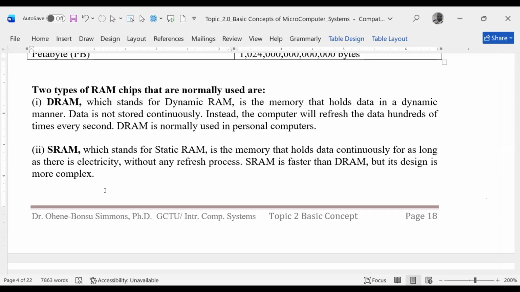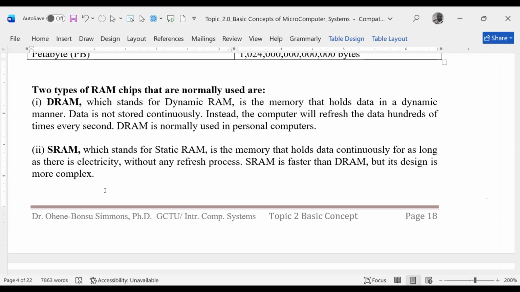If there's no dynamic, then when you press anything on the keyboard, you have to wait until that one is processed, finished, before a new input. But here, you can type a lot of things from the keyboard and perform a lot of jobs simultaneously. As you are doing so, the memory refreshes itself 100 times every second.